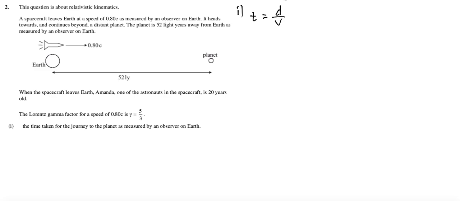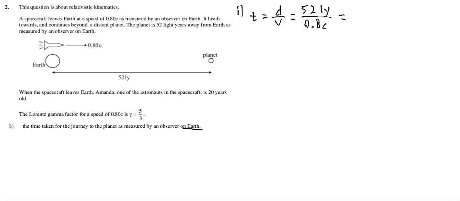Okay? Speed is distance over time, time is distance over speed. So which distance? We have to use the one measured by an observer on the Earth. So the distance measured by an observer on the Earth is 52 light years, and the speed of the spaceship is 0.8 c.